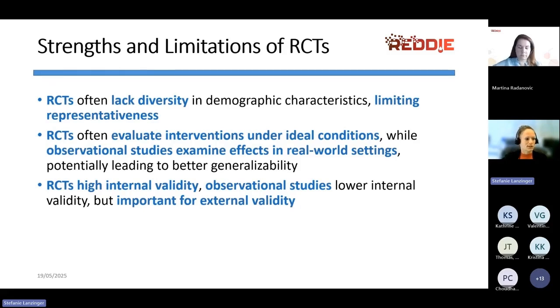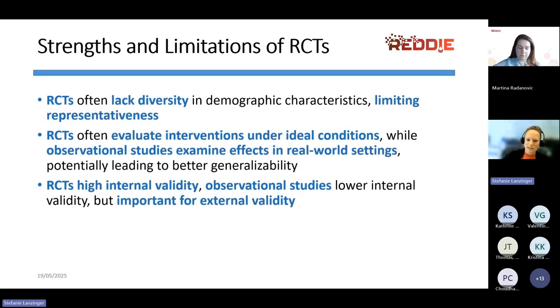And therefore, RCTs are limited with regard to the representativeness and the generalizability to a more general population. RCTs often evaluate interventions under ideal conditions, while observational studies examine effects in real-world settings and can increase the generalizability. So real-world data can complement the results of RCTs.